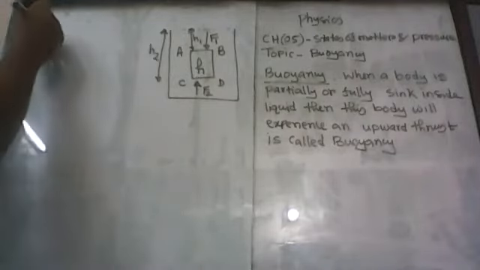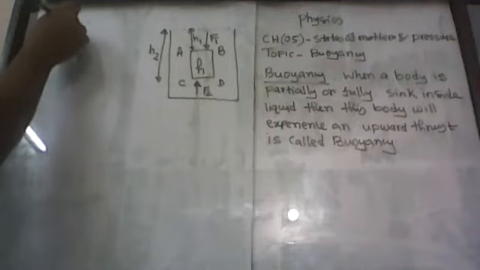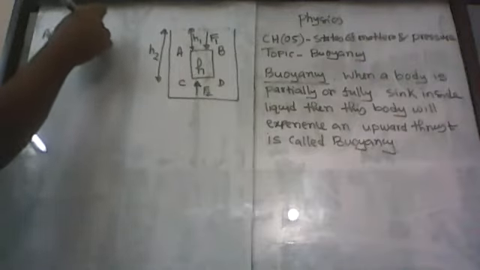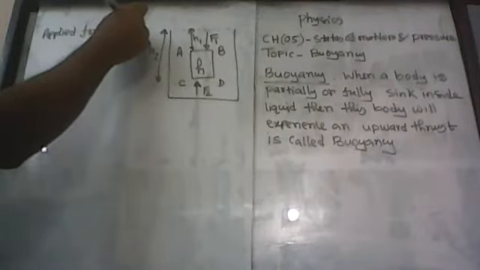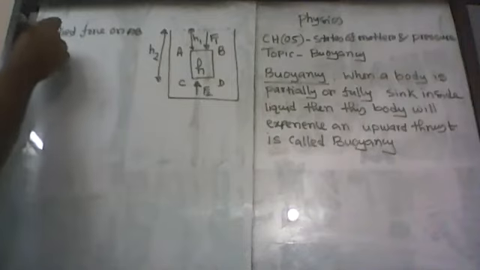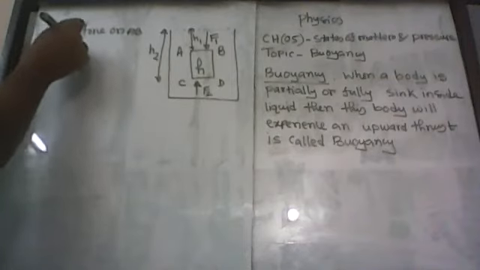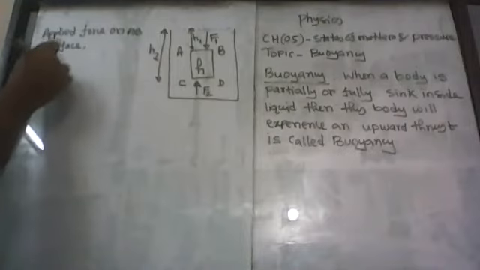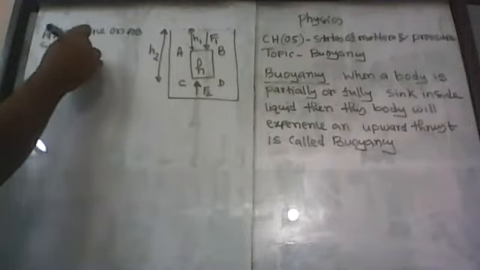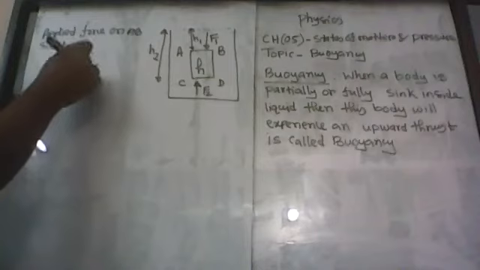Now, the applied force on the AB surface. You know that pressure P1 is force divided by area.